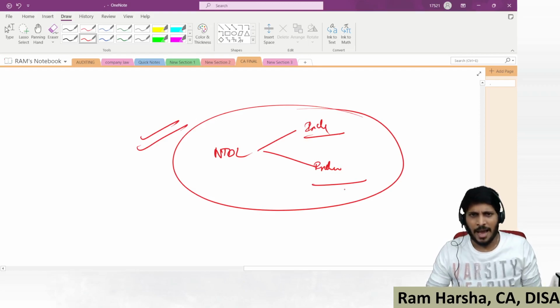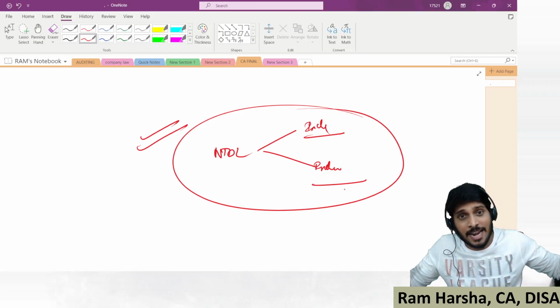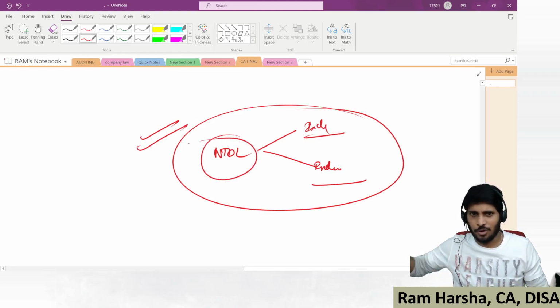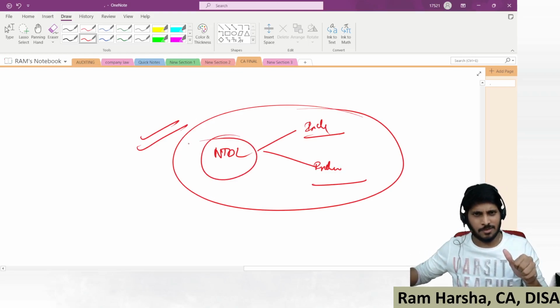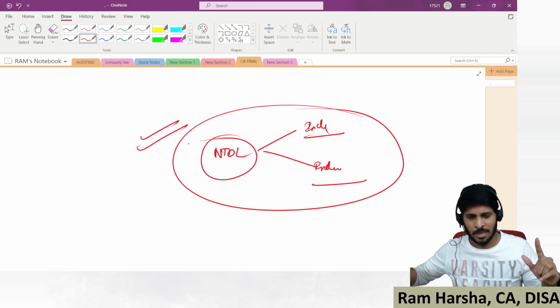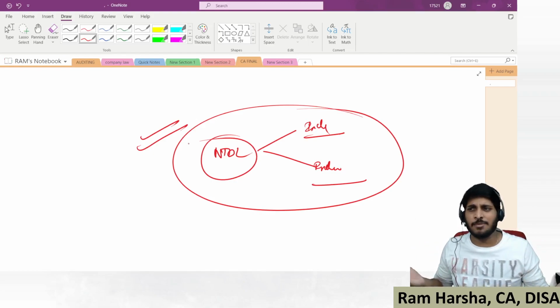Sir, in a bank's balance sheet, liabilities will be there. No, sir, all the liabilities are NTDL? No, all the liabilities are not NTDL. Customer savings account outstanding is no doubt covered as part of demand deposits. Customer's savings in the form of FD and recurring deposits also form part of it. Some margin money the bank has kept is not part of NTDL because it is margin money.